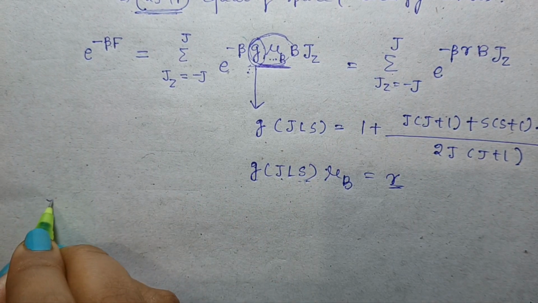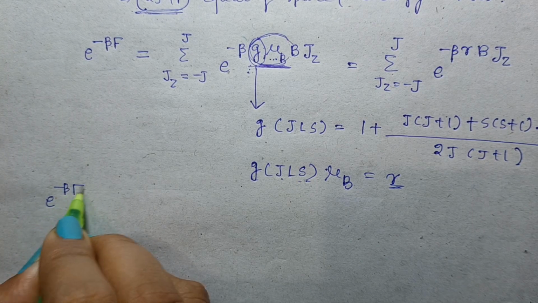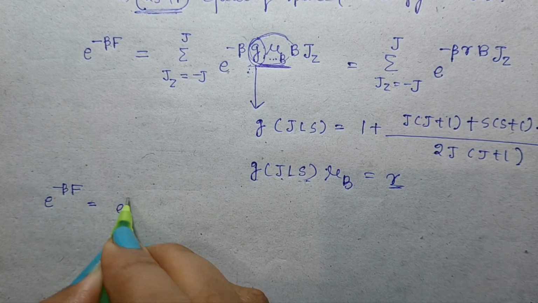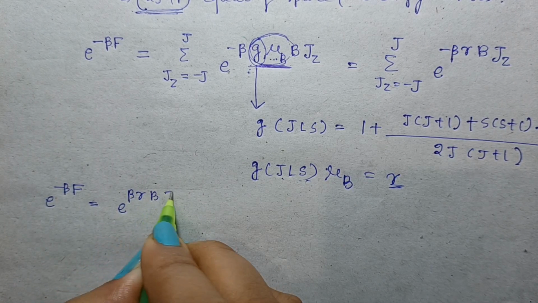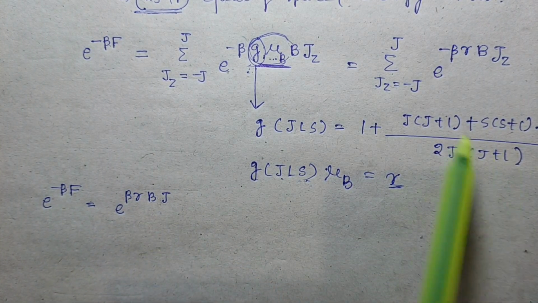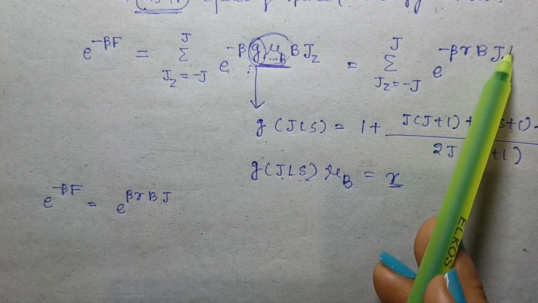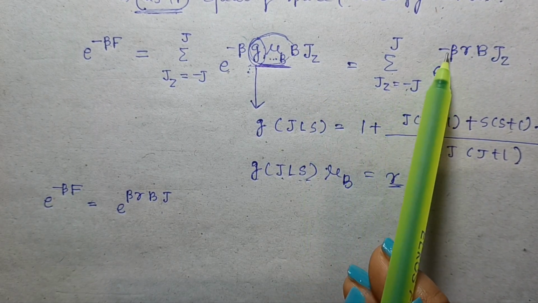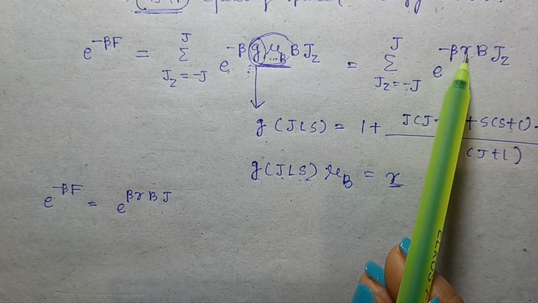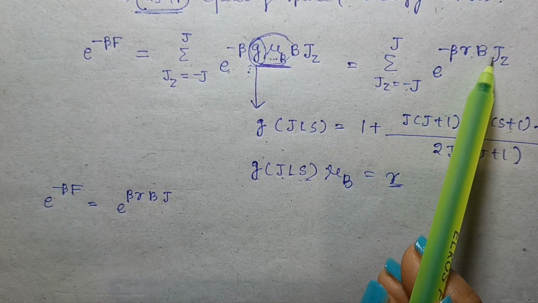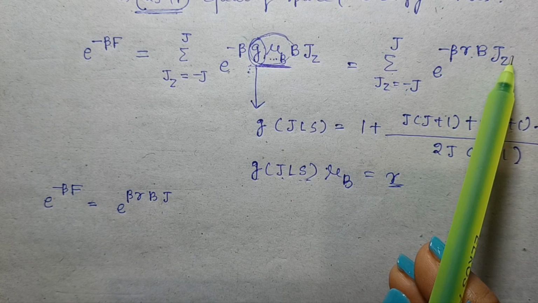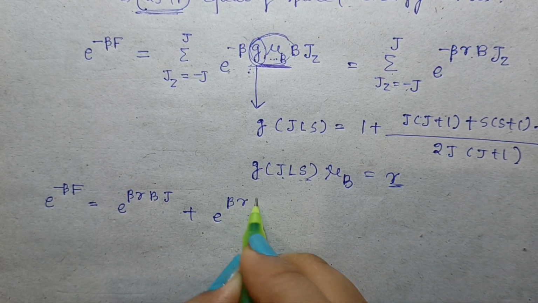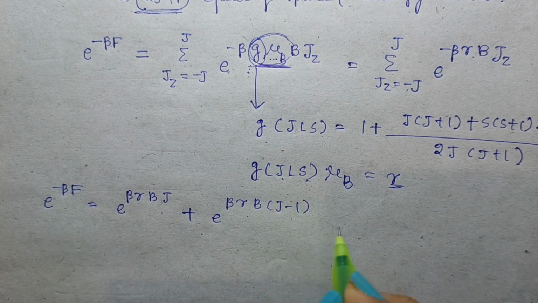So e to the power minus beta F is equal to e to the power beta gamma B J. How? If I put Jz equals minus J, it will be minus of minus, plus beta gamma B J, right? Now I put minus of J minus 1, so it will be e to the power beta gamma B (J minus 1).